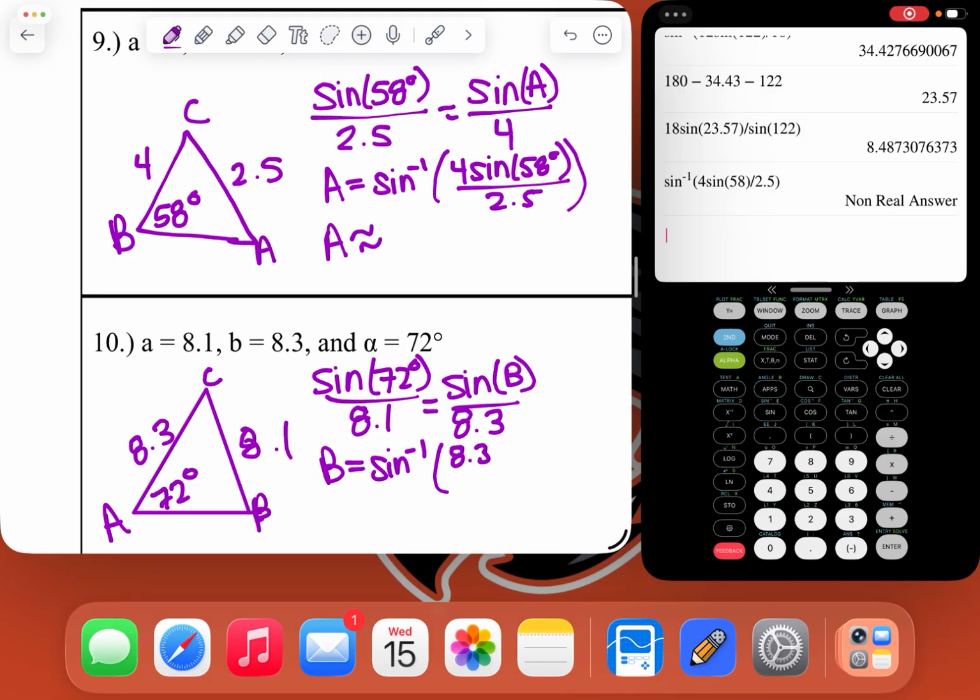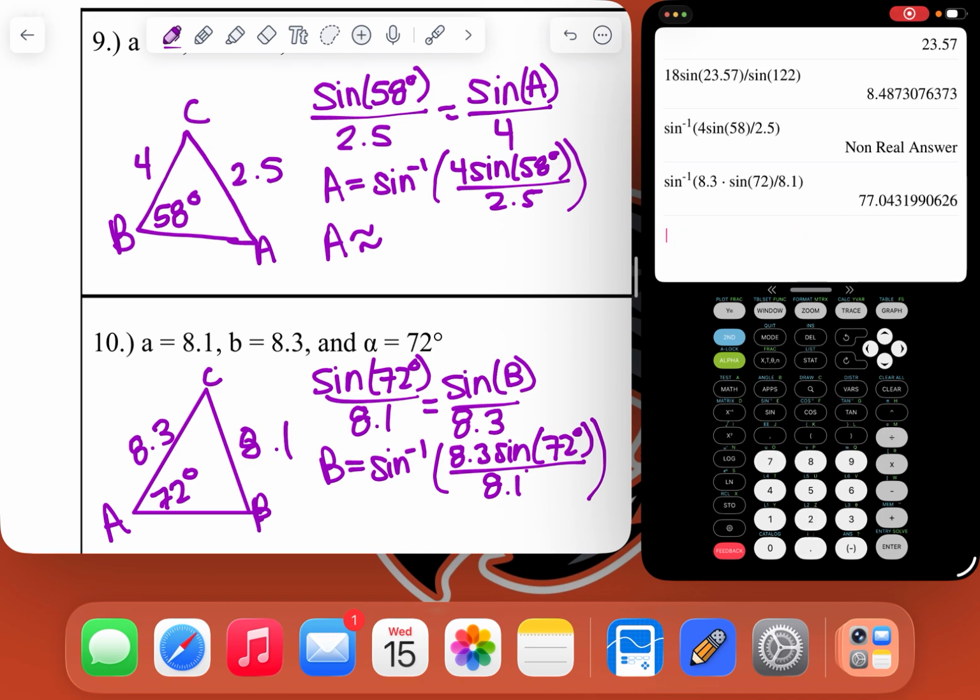It'll be 8.3 times the sine of 72 degrees divided by the 8.1. So second sine, to pull up the inverse sine, 8.3 times sine of 72 degrees divided by 8.1. And so we get 77.04 for the measure of angle B.